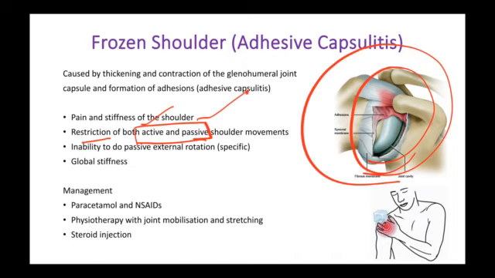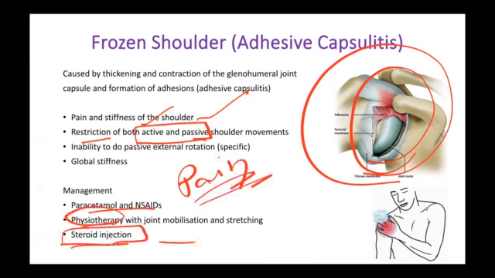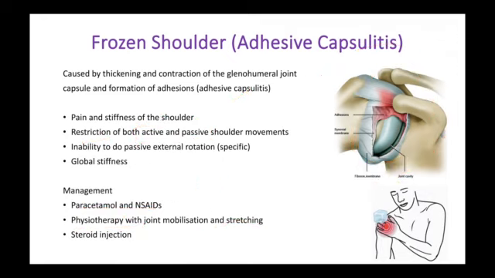The management for this condition is pain control first, then physiotherapy, and then steroid injections. Steroid injections can only be given twice. Only two steroid injections can be given in this patient.